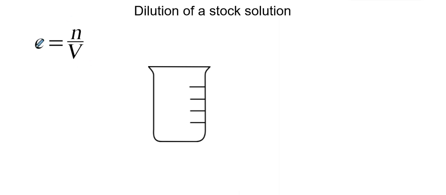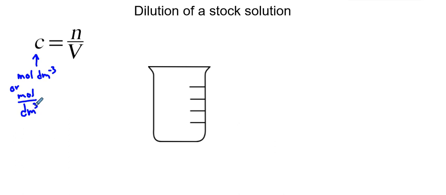So as a review, the C in the concentration formula is the concentration itself. It is most often going to be written as moles per decimeter cubed. You might see that as moles per liter. An alternate form would be writing it as a fraction like this.